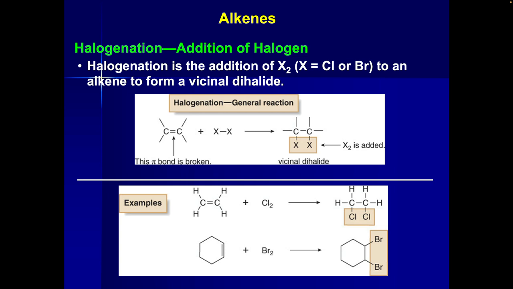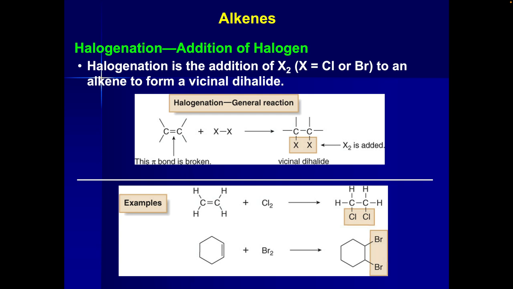Let's see if we can get through the stuff we need to get through today. The other thing that we can add across a carbon-carbon double bond is halogens. We can add what they call X2 here.